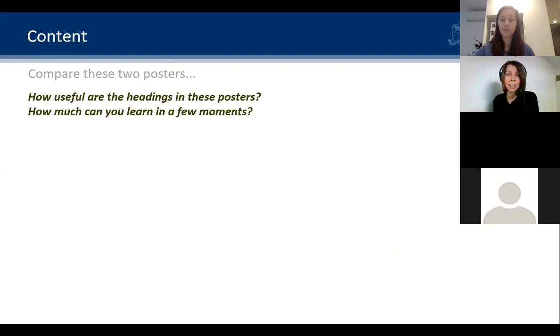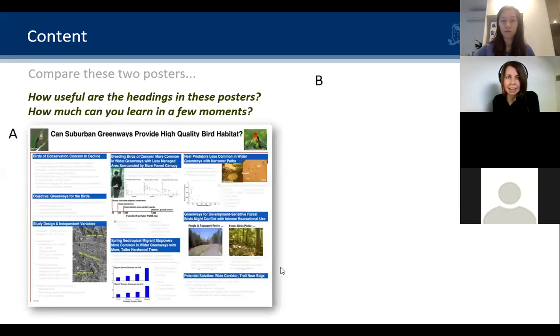Sure. Let's look at these two examples. How much can you learn about these projects in just a couple of seconds of looking at them? So poster A, I don't know how well you can read that. Depends how big your screen is. I'll read out some of the headings for you just in case it's appearing strangely on your screen.